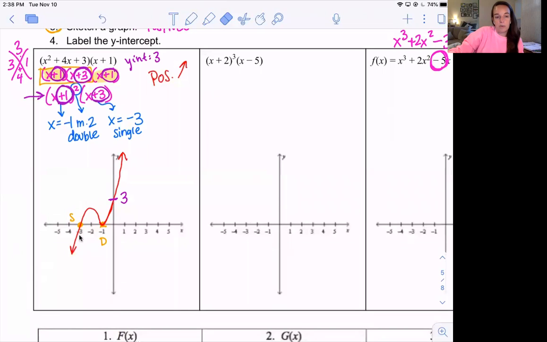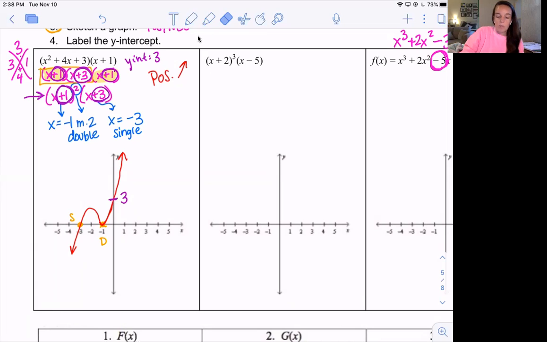The third thing that we did was we graphed the roots and we determined if it was positive or negative. If positive, it goes up, and then we traced through the rest of the graph. And the last step was to label the y-intercept. I did that by multiplying the constant terms by themselves. So 3 times 1 would give me 3. Okay. So for this second one, I'll give you a second to write it down if you need to.